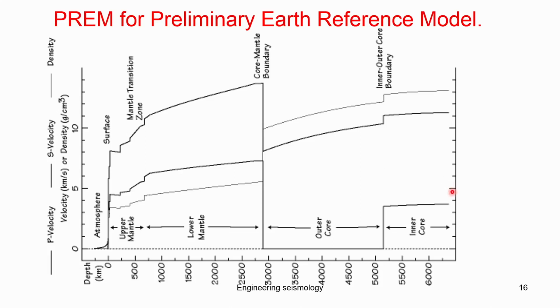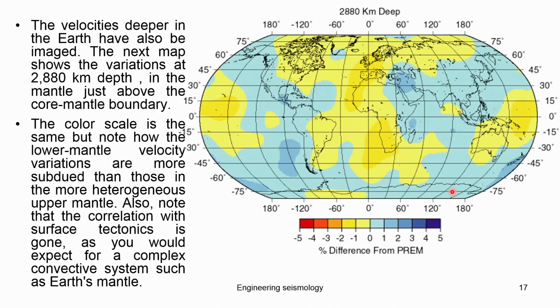That means for the entire earth system, the globe, we take velocities at different levels and try to understand how the velocity varies at a particular depth. This is a typical difference of velocity at a particular depth in kilometers below the surface of the earth. You can see the material difference.